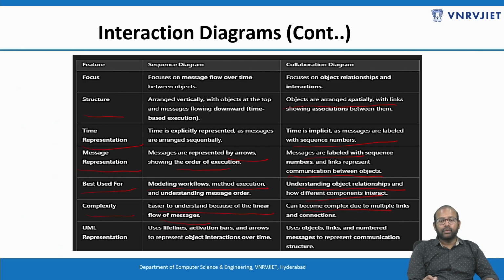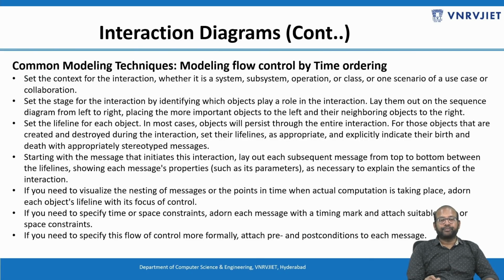So you will get some confusion while checking the links and all those messages. Otherwise, this is also good. And finally, the UML representation. Here we are using lifelines, activation bars, arrows, and everything, to represent the object interactions over time. And here also we are using the objects, links, and along with that numbered messages, to represent the communication structure.